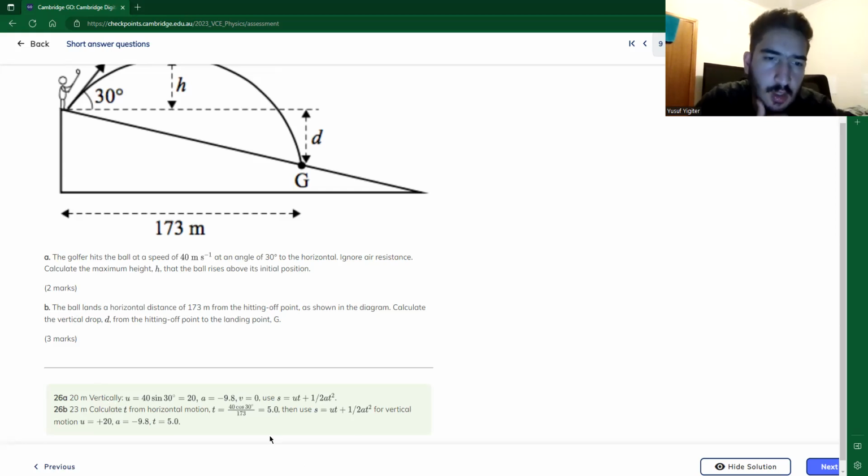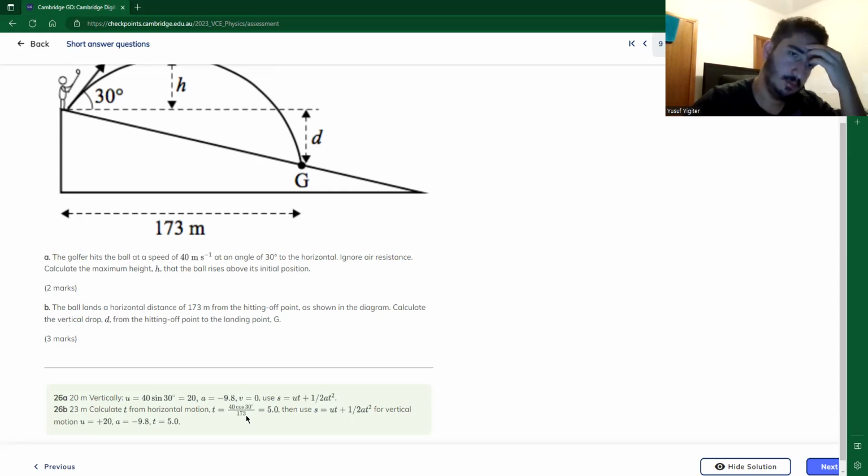I'm still confused. I understand this, that's the horizontal speed divided by. No, that's not correct. No, they did it the wrong way. That was by accident. They did 173 divided by that, then they used that.